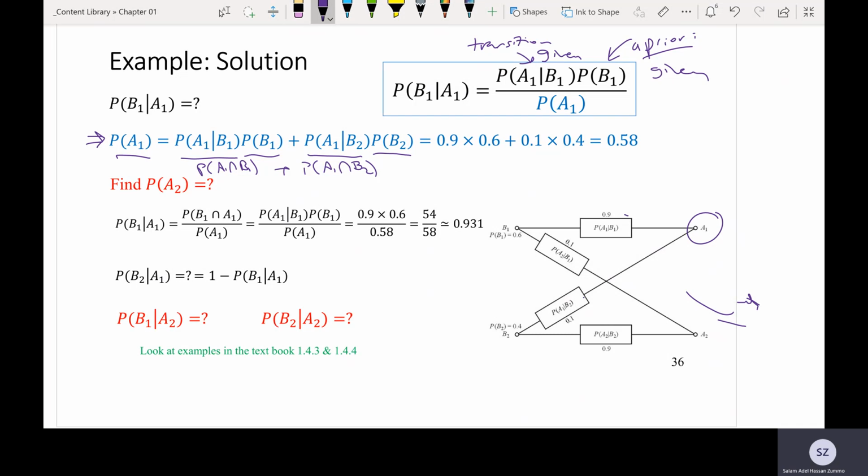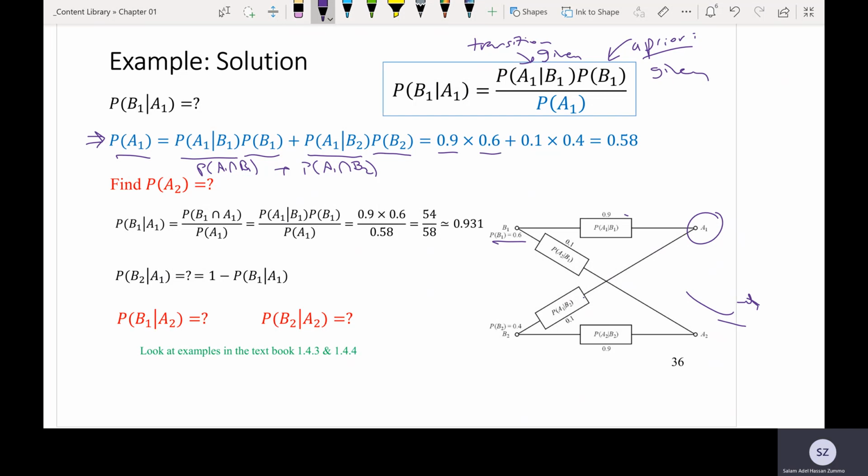Okay, so basically this is why we did not add the conditional probabilities, because every conditional probability has a probability that it could happen, which is the probability of generating zero or generating one. Just putting numbers: the probability of A1 given B1 is 0.9, multiplied by the probability of B1, which is 0.6.